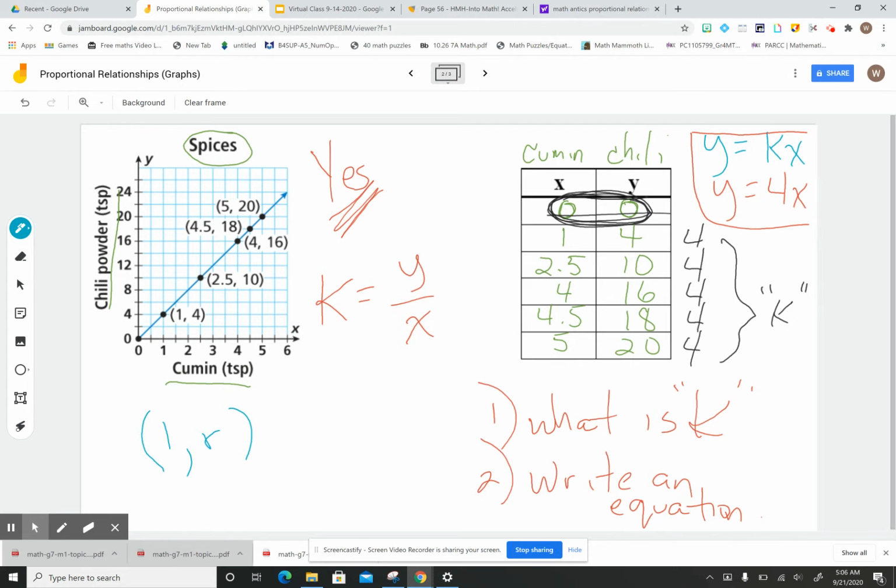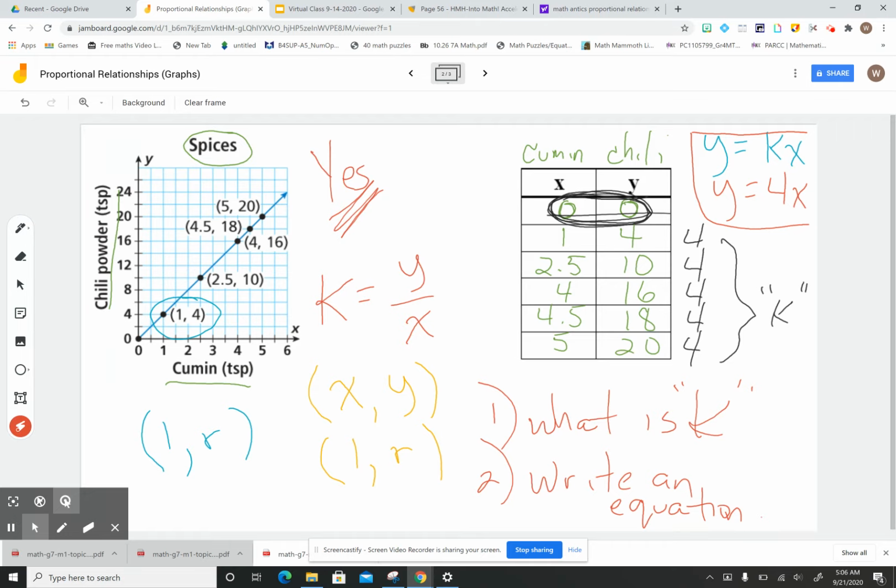So in this graph, we have 1, 4. 1, 4 is the ordered pair that we're focusing on. Remember, I erased it, but I'm going to write it again. In an ordered pair, the first coordinate is X. The second coordinate is Y. When X has a value of 1, whatever the Y coordinate is will be your unit rate.